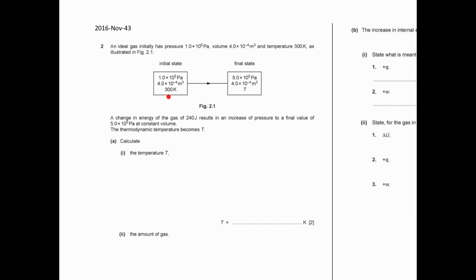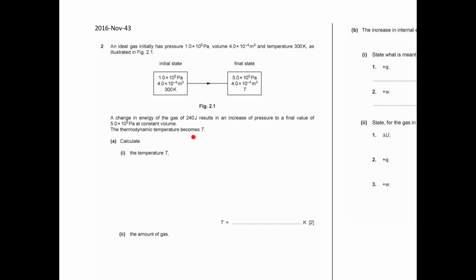For example, if you supply energy to heat up the gas, then the gas will have greater pressure. And it has no change in volume, maybe because you put it in a container, so the gas cannot change in volume. So the thermodynamic temperature becomes T.